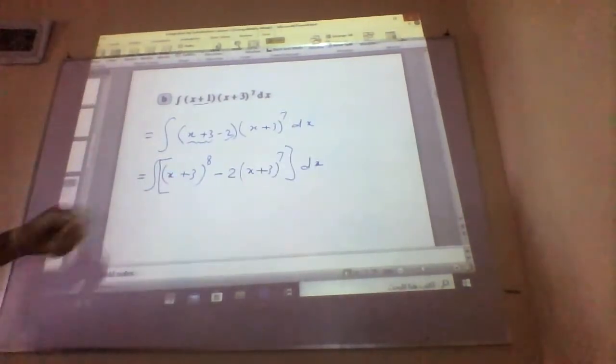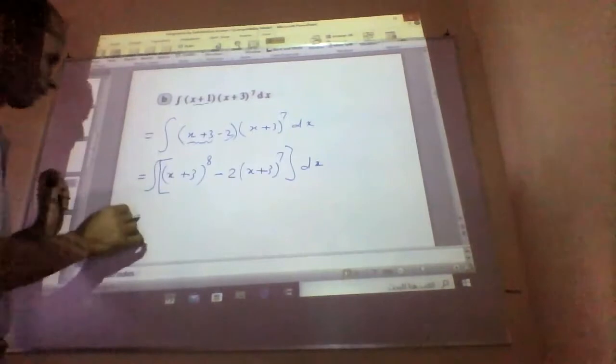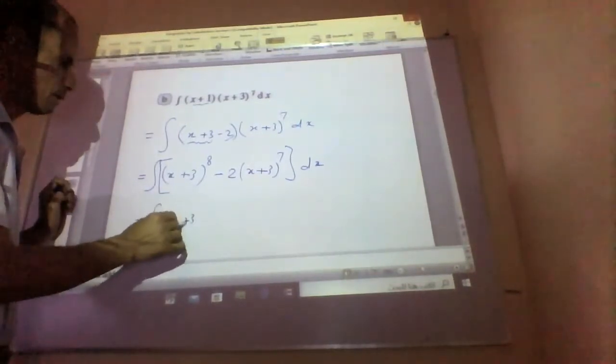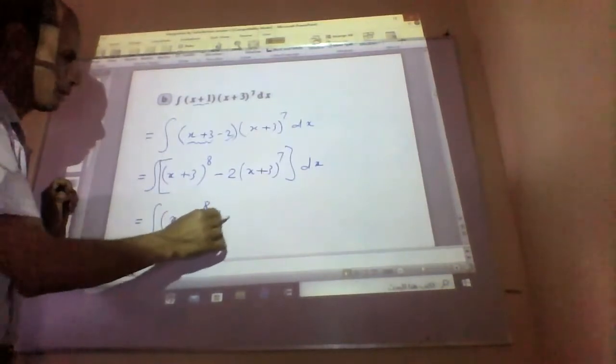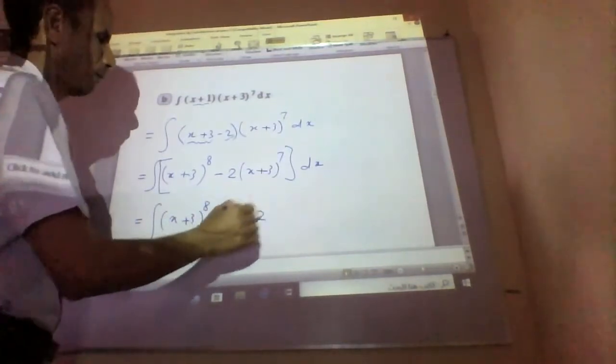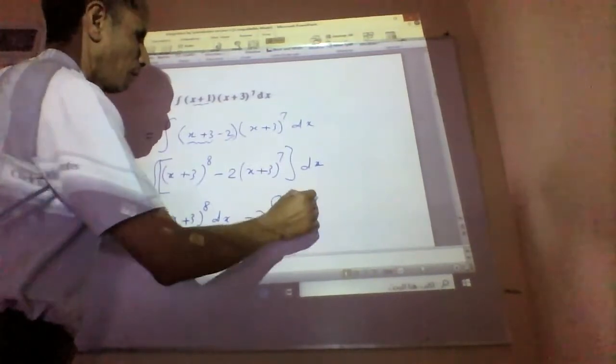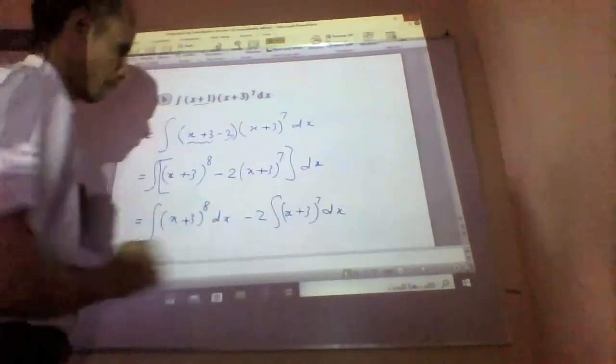Now we have two functions: integration of (x plus 3) power 8 dx minus 2 integration of (x plus 3) power 7 dx.